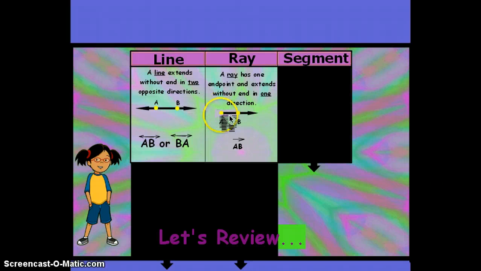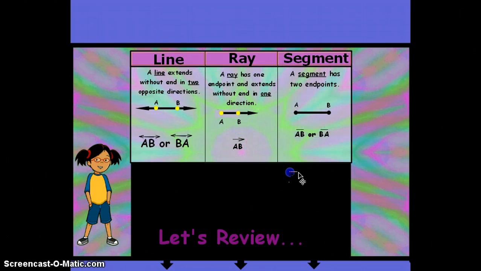You have to put the end point A first and then B. So this is ray AB. And a line segment last. A line segment has two endpoints, A and B, and you just draw it by drawing a dash on the top, AB or BA. For both line segment and line, it doesn't matter the order that you put it, but for a ray, it does matter.